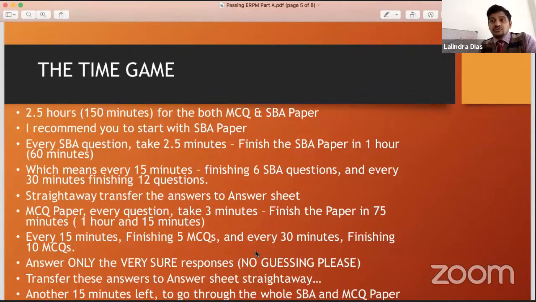You give an injection of morale, confidence to yourself. Because guys, confidence is the thing that we need in the exam. If you are confident, even the ones that you are not sure of, you will somehow reason out and come to conclusions, and you will get it correct. So you start with the single best answer paper and effectively utilize these 150 minutes.